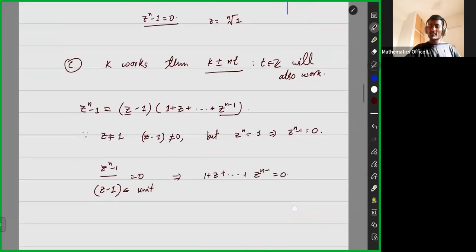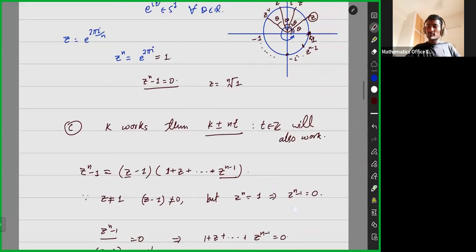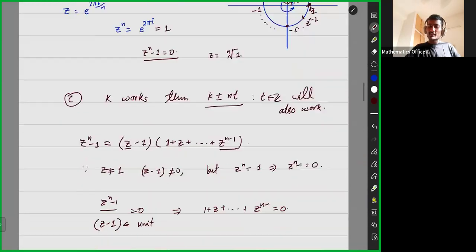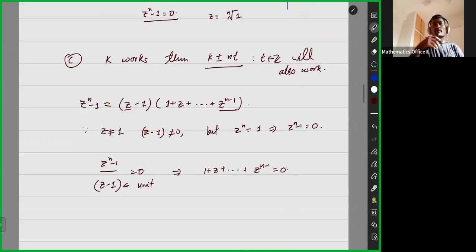If there is a problem, you can ask. There is one more other proof I think we can see. If you have an n degree polynomial, you have n roots also. What is the sum of roots?